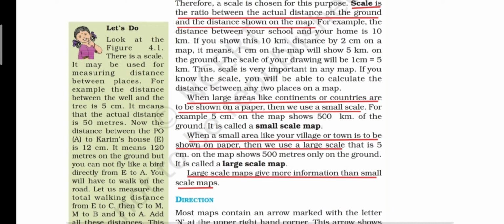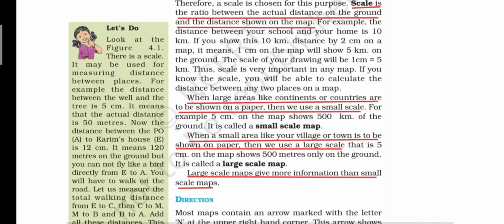So, the scale is very important in any map. If you know the scale, you will be able to calculate the distance between any two places on a map very easily.